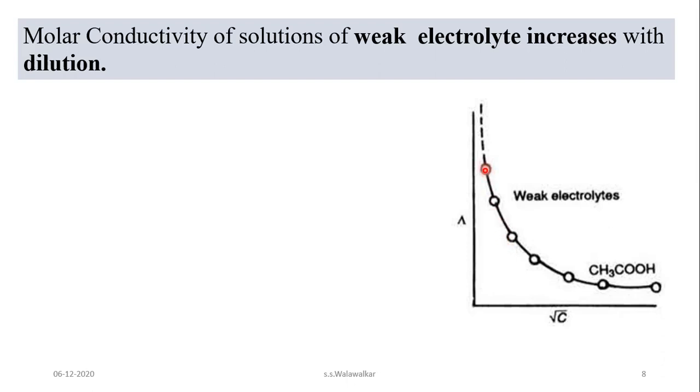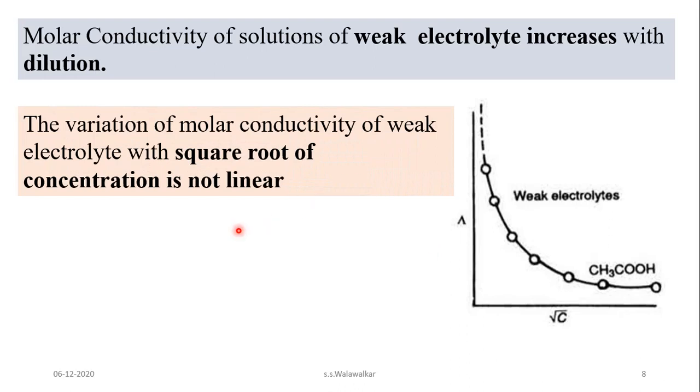and it is parallel to the y-axis, that is molar conductivity. Suddenly it increases. This change is not linear. So variation of molar conductivity of weak electrolyte with square root of concentration is not linear.